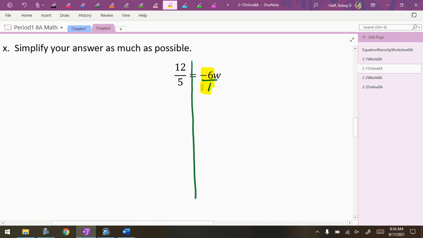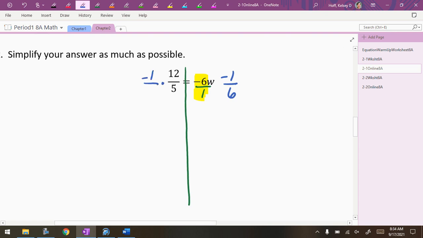Nope, you got to flip it. When I flip it, what do I get? Very good. -1 over 6. Always flip the 1 in front of the w or in front of the x or in front of the q. So we're going to multiply by -1 over 6.